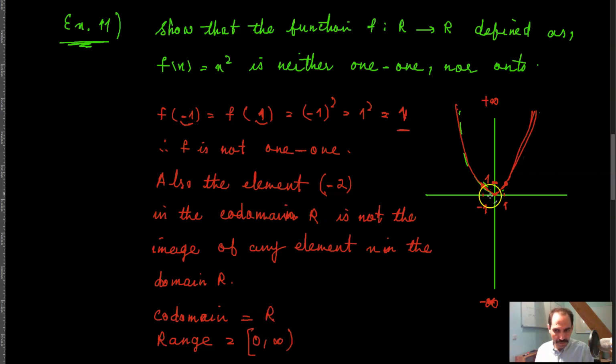Which means that all of these negative numbers are not a part of the range of the function, which is to say that the element negative 2 is not a part of the range of the function. It does live in the codomain, but it's not an image of any of these elements in the domain of the function, right?